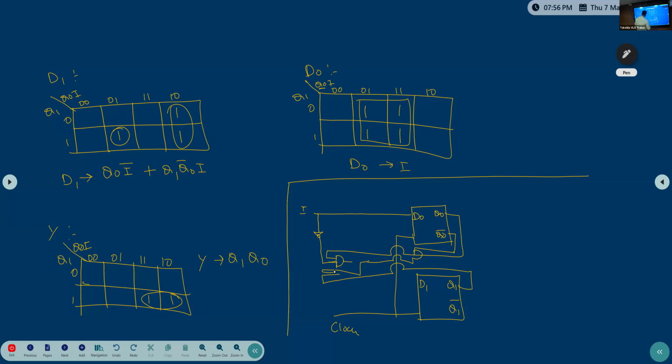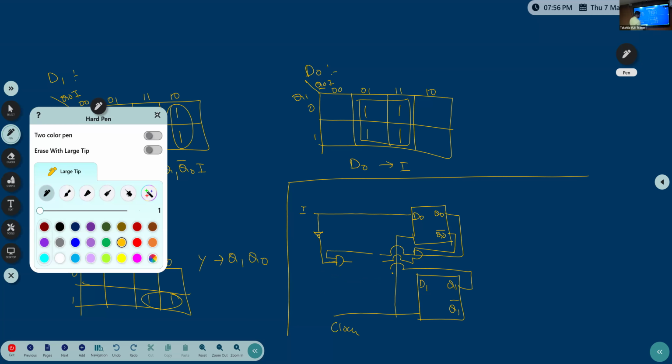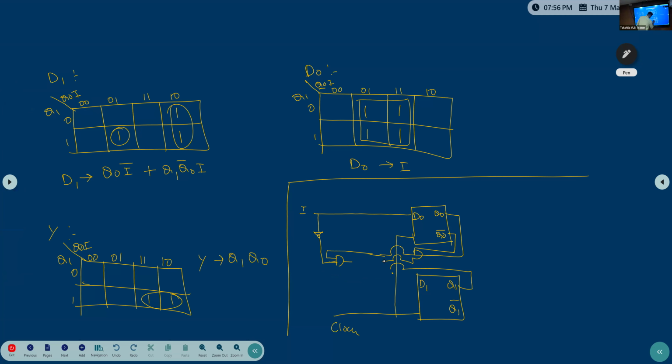Now I also we need to give directly. It's 3 together from the AND gate.